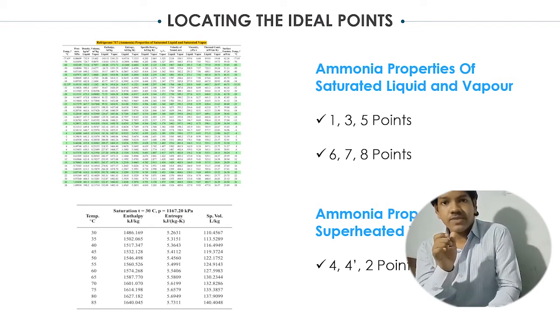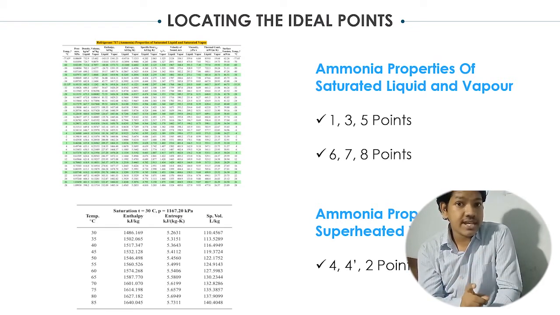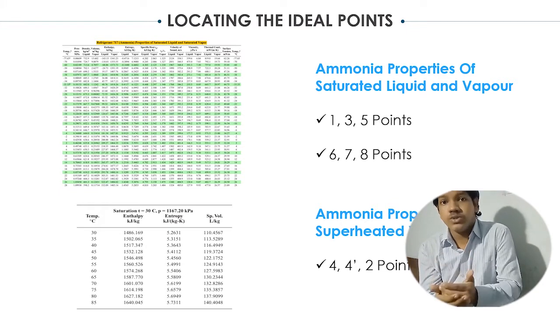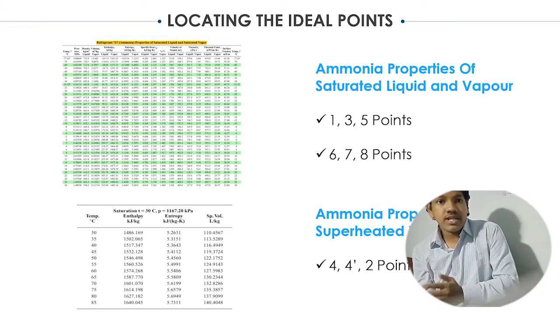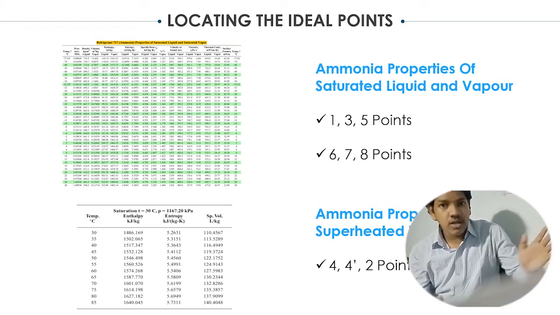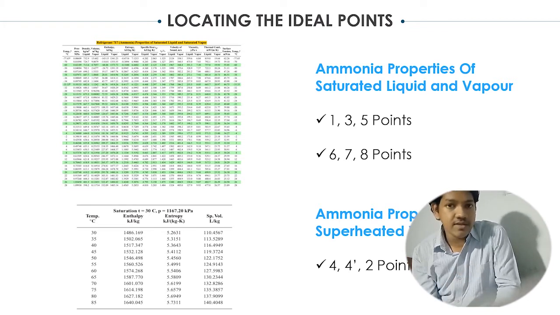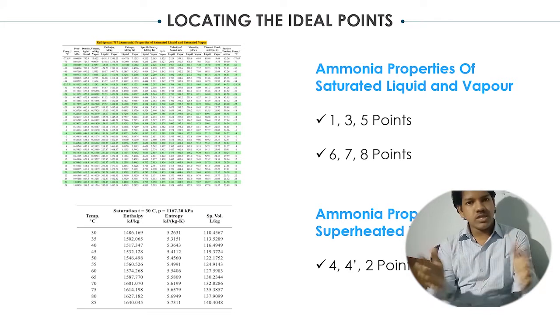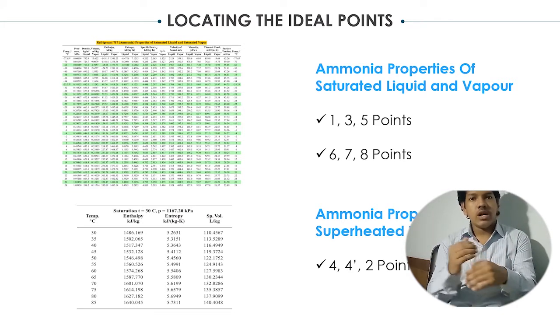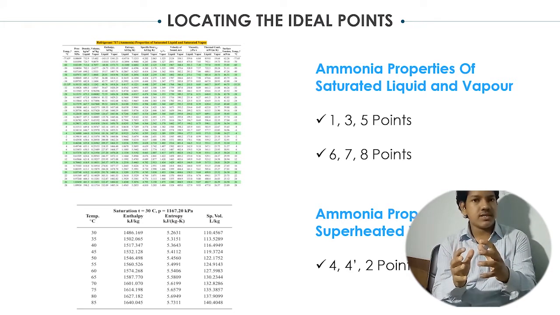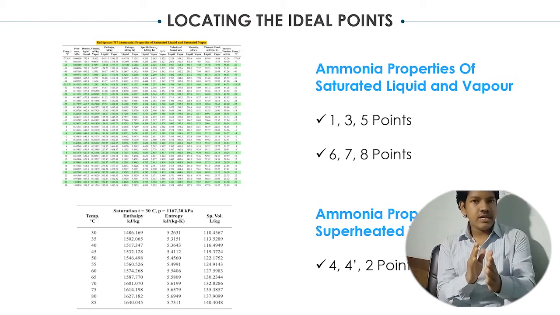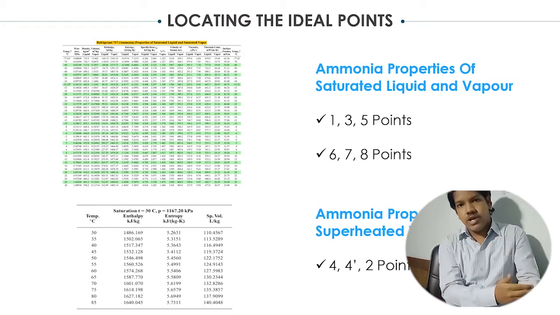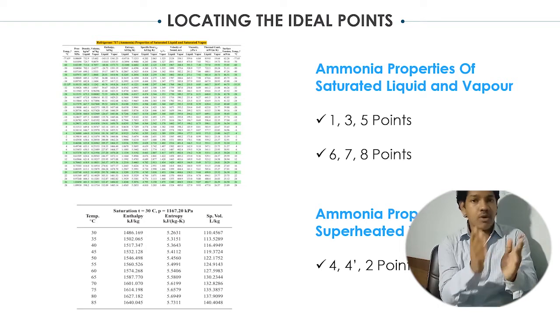That is why I have said it is a bit time consuming, as we have to trace all the charts and all the tables which are available. So among the two processes, we have merged both and used them hand in hand in order to calculate our points and all the properties of the specific points.